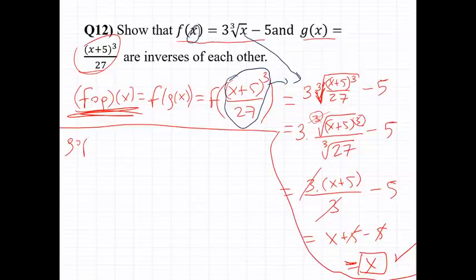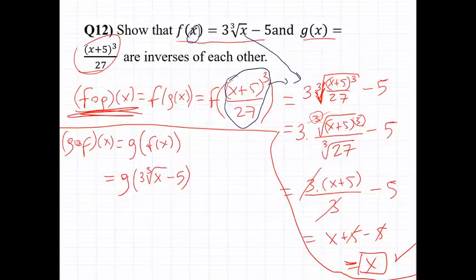G composition f of x is equal to g of f of x. Now what is g of f of x? This is 3 cube root of x minus 5, and this will become x times 3 cube root of x minus 5 plus 5, cubed, divided by 27.